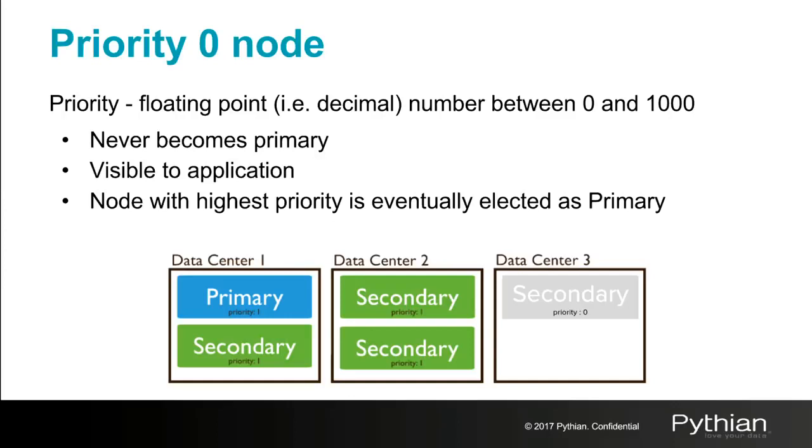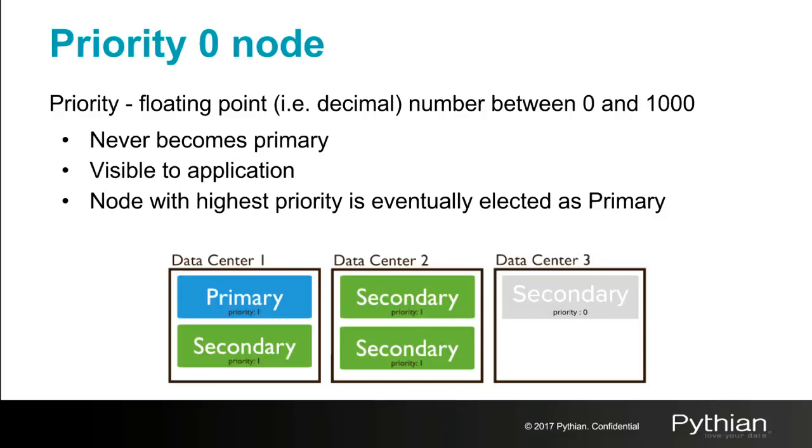A priority 0 node is a member of the replica set that never becomes primary. If we set the priority to 0 for any member in the replica set, then we should expect that the node will never become primary, however, it will participate in elections and it has votes.